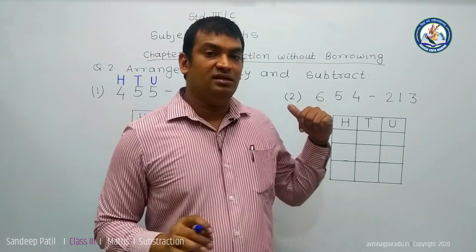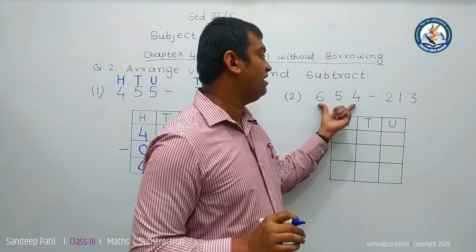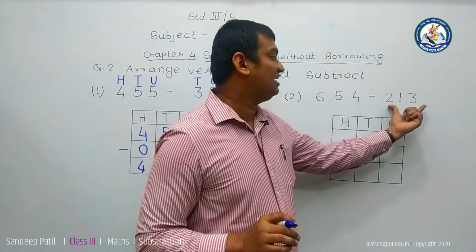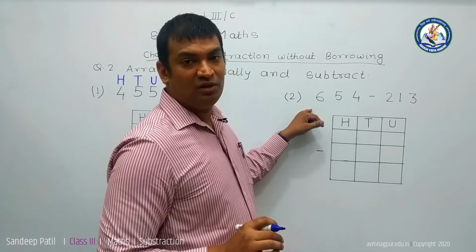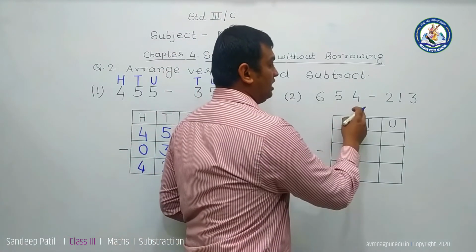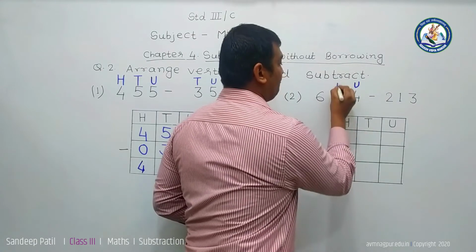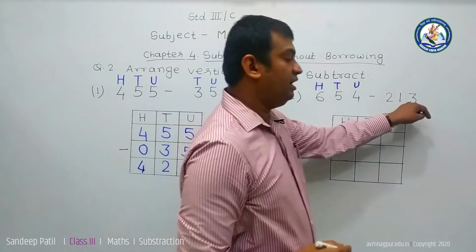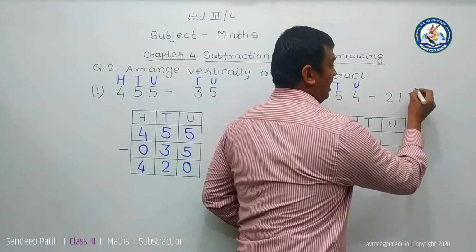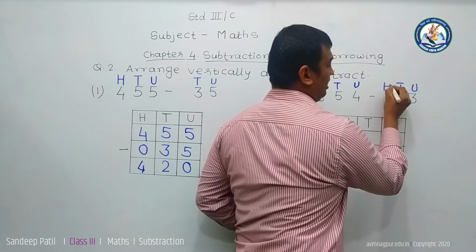Let's take another example. Here we have 654. We have to subtract 213 from it. First of all, I will put the place values. In 654, we have 4 units, 5 tens, 6 hundreds. In 213, I have 3 units, 1 ten, 2 hundreds.